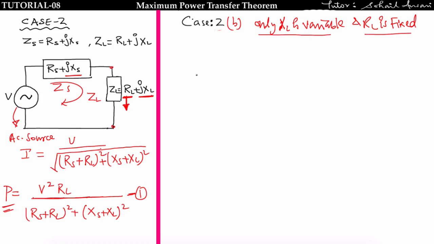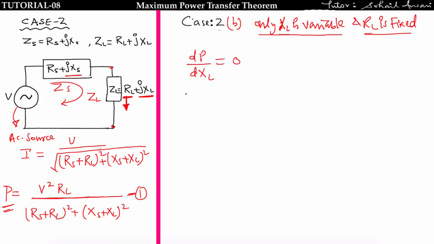In this case also, when you find it, you have to differentiate with respect to what? With respect to RL or with respect to XL? Here XL is variable, which means we will differentiate the power equation with respect to XL and equate it to 0.